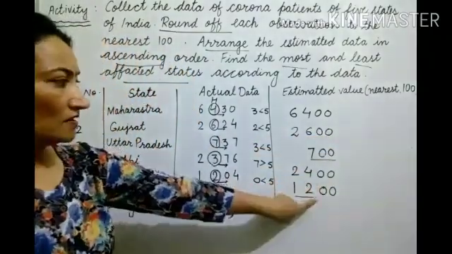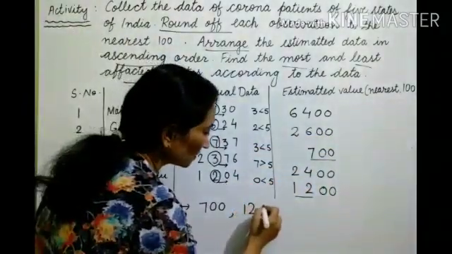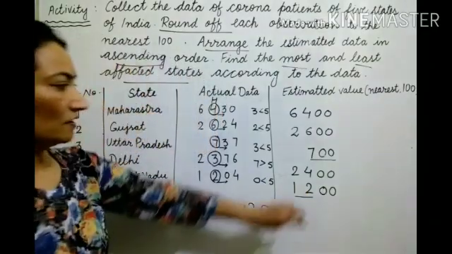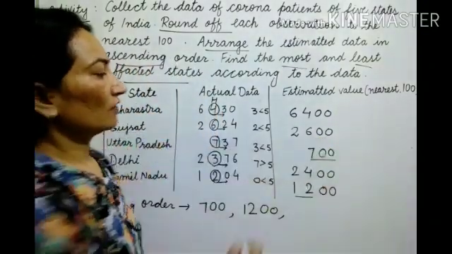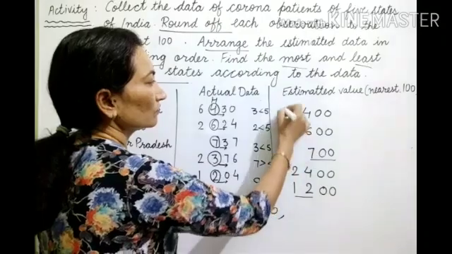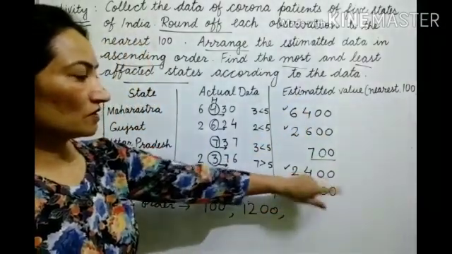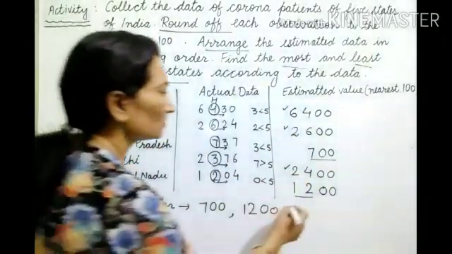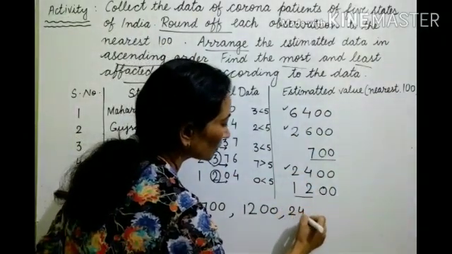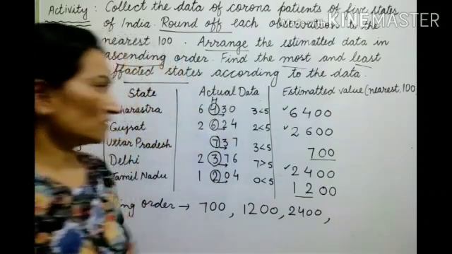1,200 is the least, so you will write it second. 2 numbers are gone. Now in the 3 numbers, which is smallest? Here 2,600, here 2,400. 24 is less than 26, so 2,400 will come first.